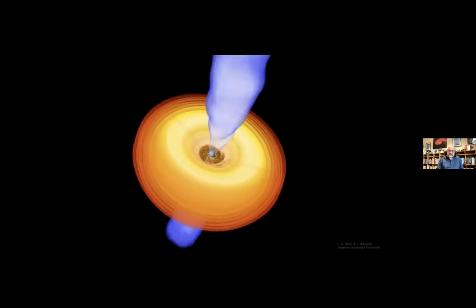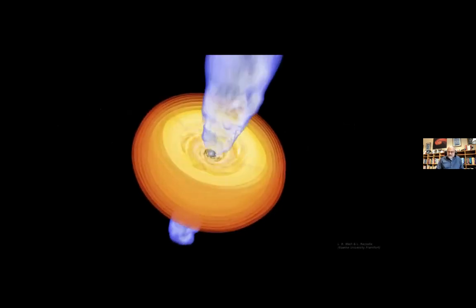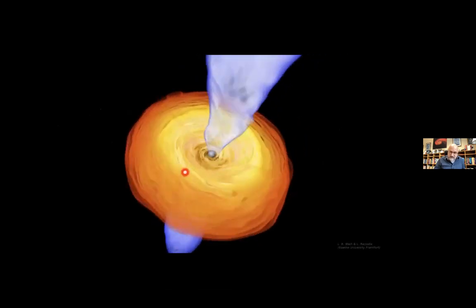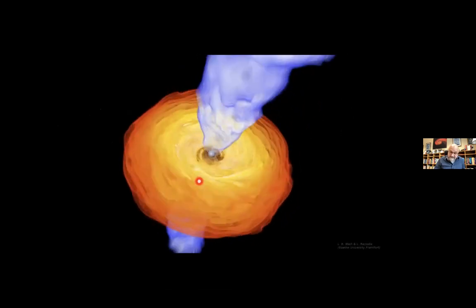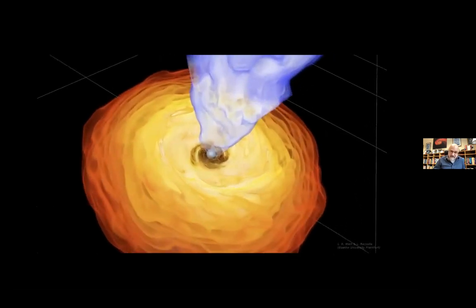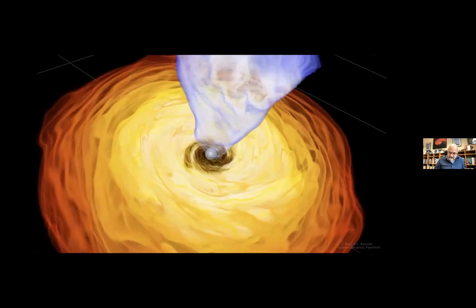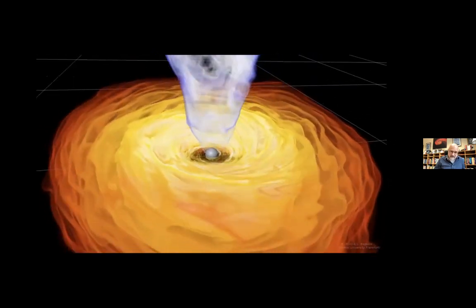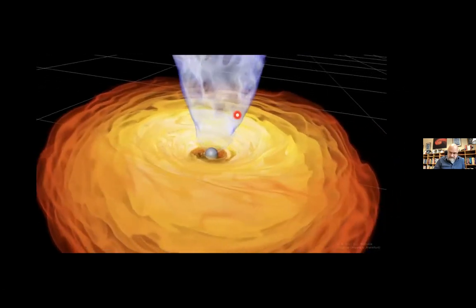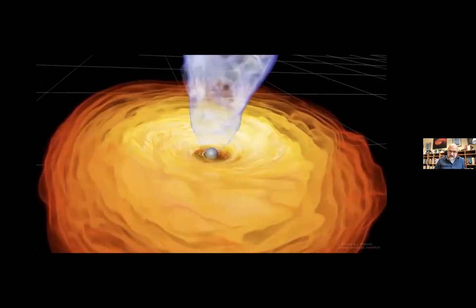You start with the torus, which is axisymmetric, and then soon after you will develop an instability, and this drives accretion. I'm showing you in red and yellow the rest mass density, and in light blue what we call the magnetization, the ratio between magnetic energy and rest mass. So blue is where there is very little rest mass and a lot of magnetic field. And you can see this is really in a very small region near the polar axis.